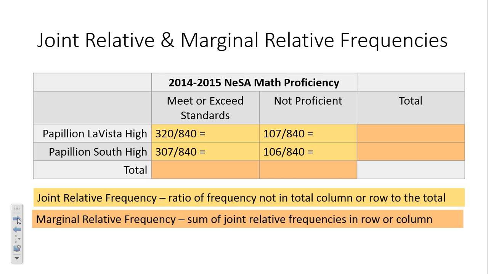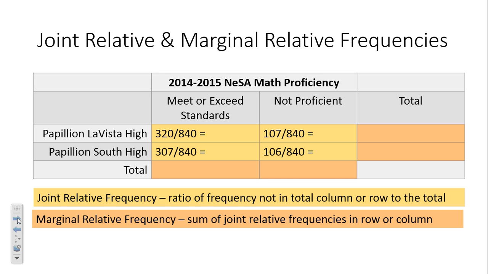So we take our 320 of the students who were proficient at Papillion La Vista High, and we divide that by 840. And you write it as a decimal. And let's go to 3 decimal places. So put 0.381 in that spot.